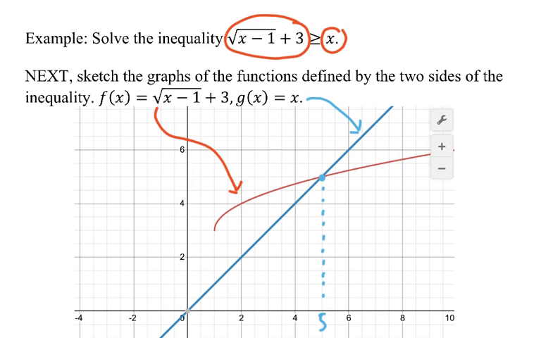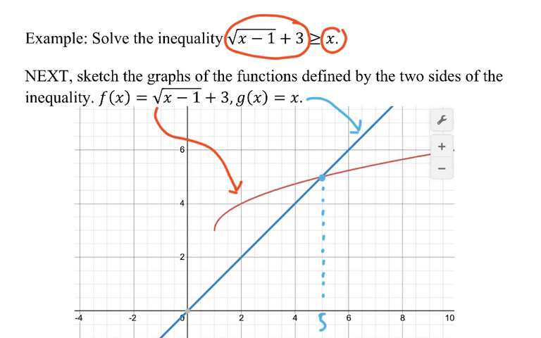The solution of the equation is the x-coordinate of the point where the two functions cross. Let me say that again because it's so very important. The solutions of the underlying radical equation represent the x-coordinates of the points where the two functions cross.